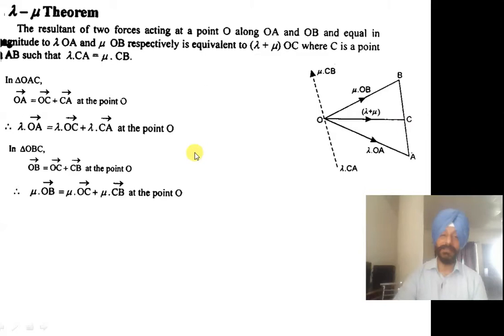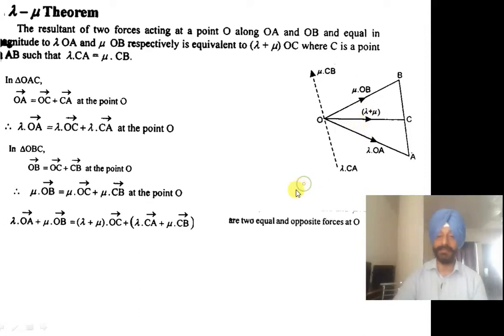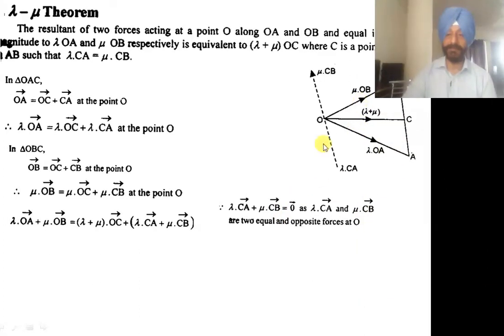Now adding these two, we get lambda OA plus mu OB is equal to lambda plus mu times OC plus lambda CA plus mu CB. Since lambda CA and mu CB are in opposite directions, lambda CA plus mu CB is equal to 0, as lambda CA and mu CB are two equal and opposite forces at O.